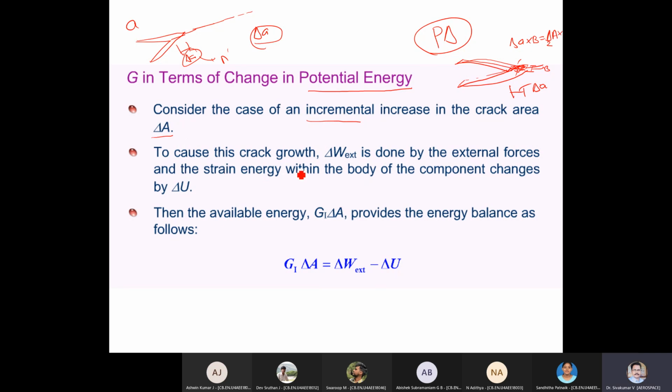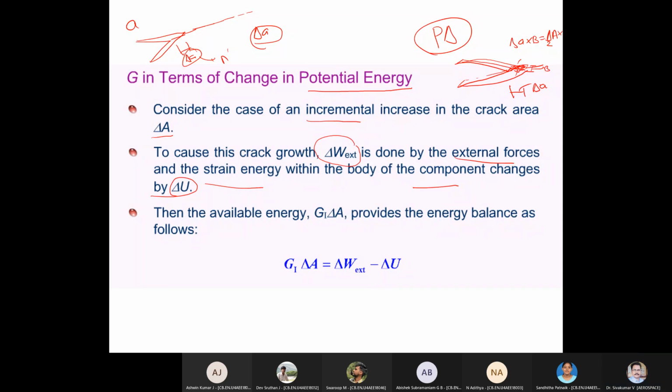To cause this crack growth, incremental energy is done by the external forces and the strain energy within the body of the component changed by delta U. Because once the crack grows, you will have potential energy, strain energy, everything will form.